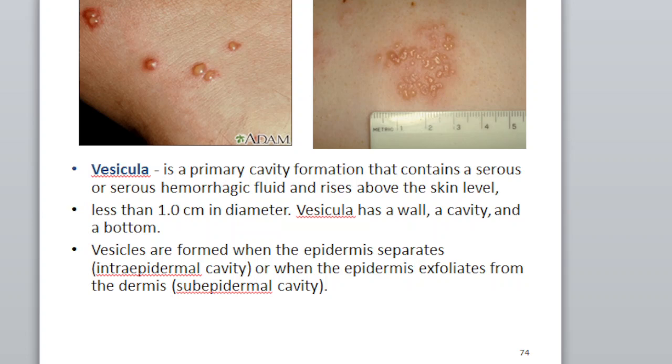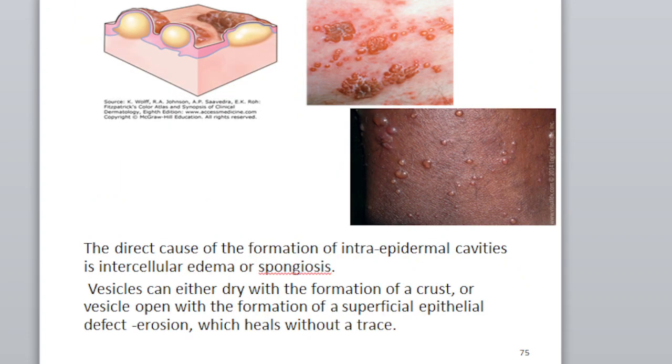Vesicles are formed when the epidermis separates, intraepidermal cavity, or when the epidermis exfoliates from the dermis, subepidermal cavity. The direct cause of the formation of intraepidermal cavities is intercellular edema or spongiosis.